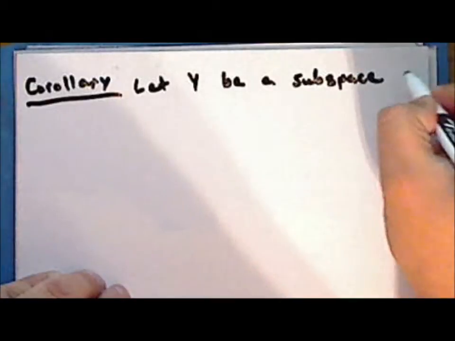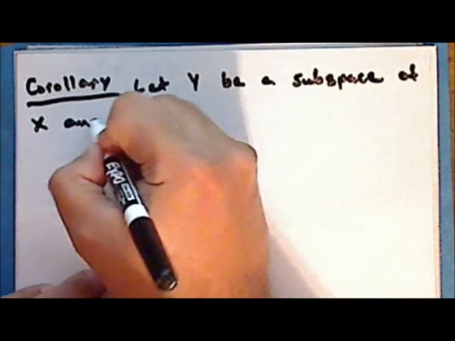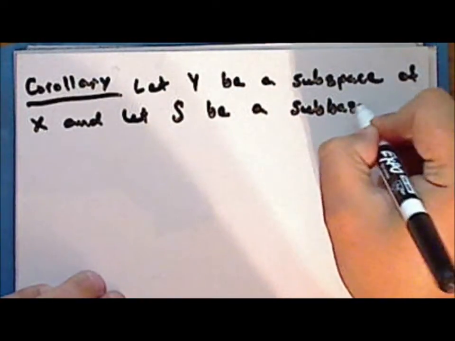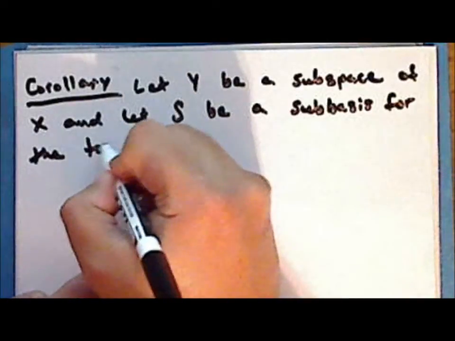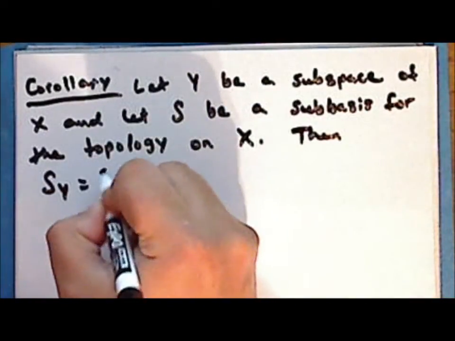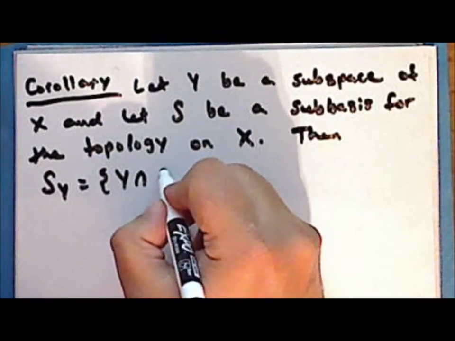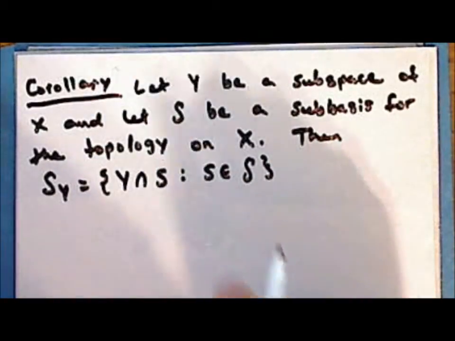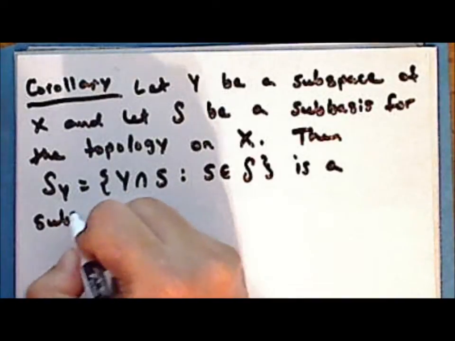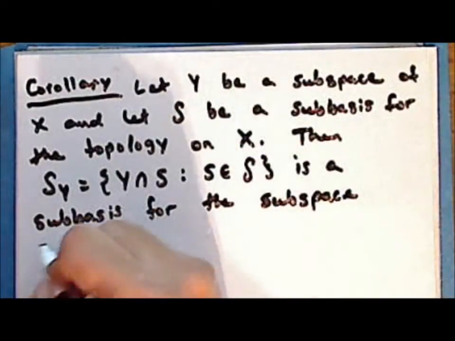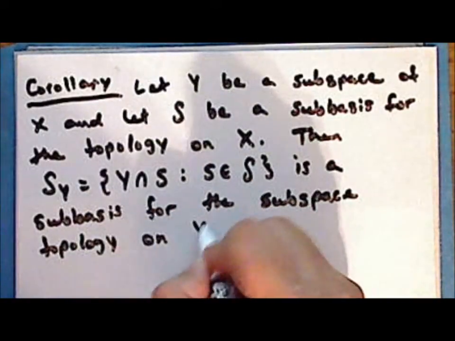Let Y be a subspace of a given space X, and let the collection script S be a subbasis for the topology on X. Then the collection script S sub Y, consisting of the intersections of the set Y with elements S, where those elements are in the subbasis for the topology on X, is a subbasis for the subspace topology on the set Y.